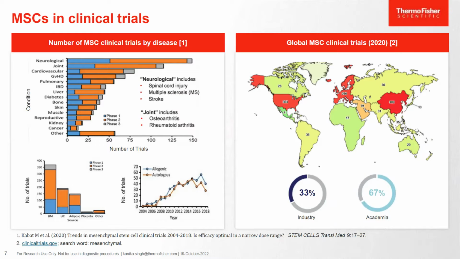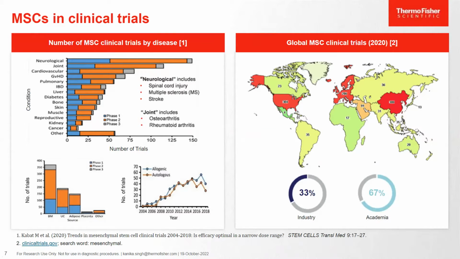There is still some skepticism in the field about using MSCs as a therapeutic option because of the small sampling size or statistical insignificance. And due to this reason, many MSC clinical trials do not make it past early phase into commercialization.